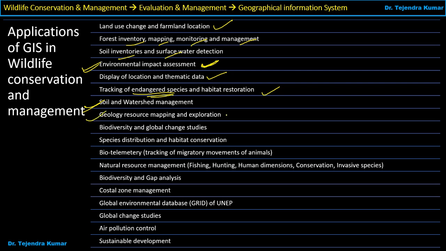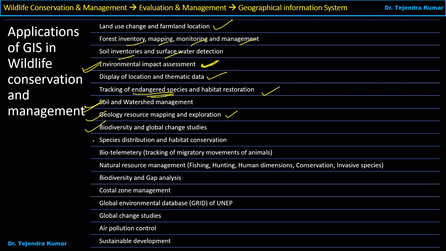Geology, resource mapping and exploration can be done, like the minerals, like the water beneath the soil, or beneath the earth crust, which can be identified.